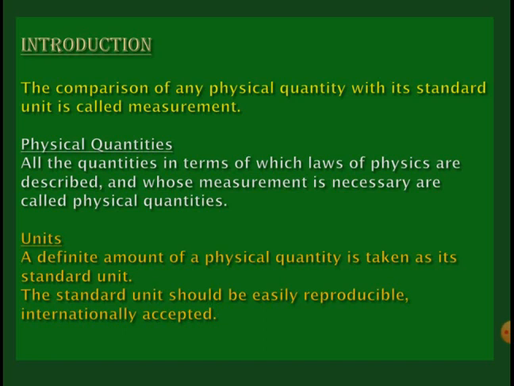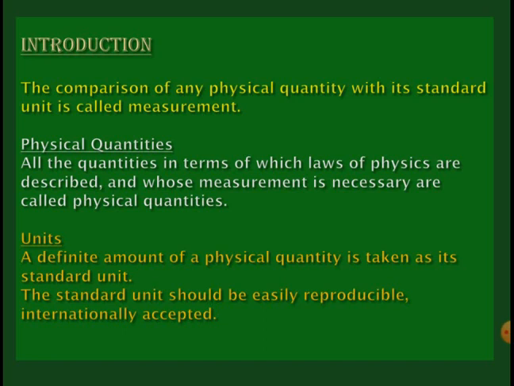The speed of our mind, we can't measure it. Suppose you are thinking that you are somewhere else, in Hawaii Island, for example, then immediately you may be there. So imagination, the speed of your mind can't be measured. So the speed of your mind is not a physical quantity.